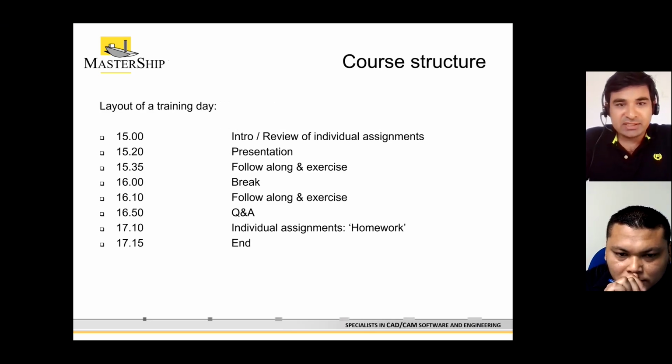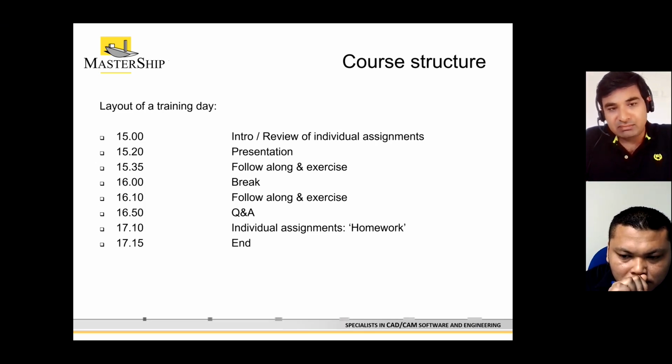All right. So the course structure is divided into very small sections of 2 hours and 2.5 hours. First, the review of the individual assignment, which we already started. Then in 20 minutes, I'm giving you a more detailed presentation of the NC software itself. And then we will start some exercises along the way. We will take a very quick break, and then again continue with the exercises.